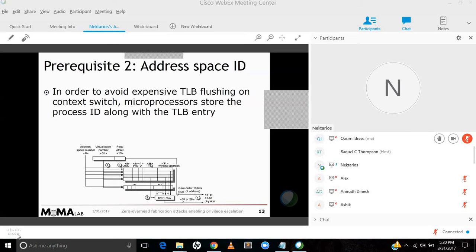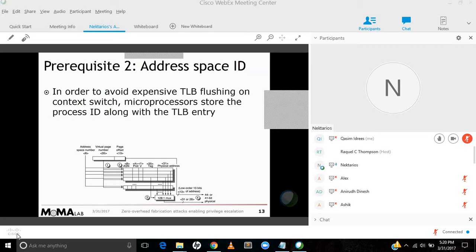So let me give you a visual example. Here we have a processor, and on the top left we see that we have a space identifier that is several bits, and this tells us essentially which process this row belongs to.